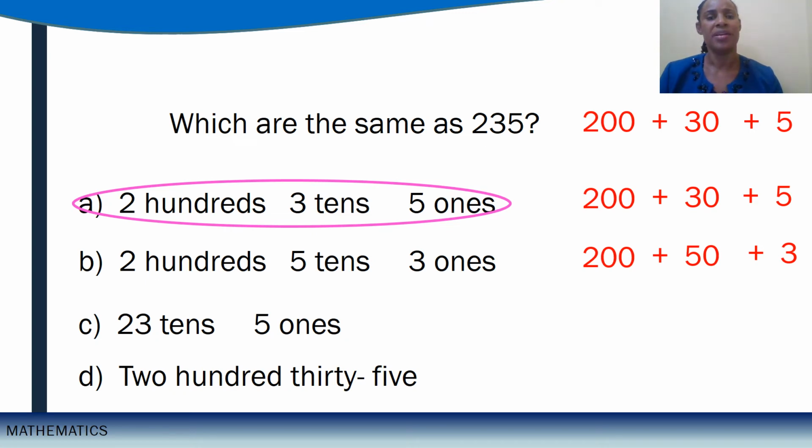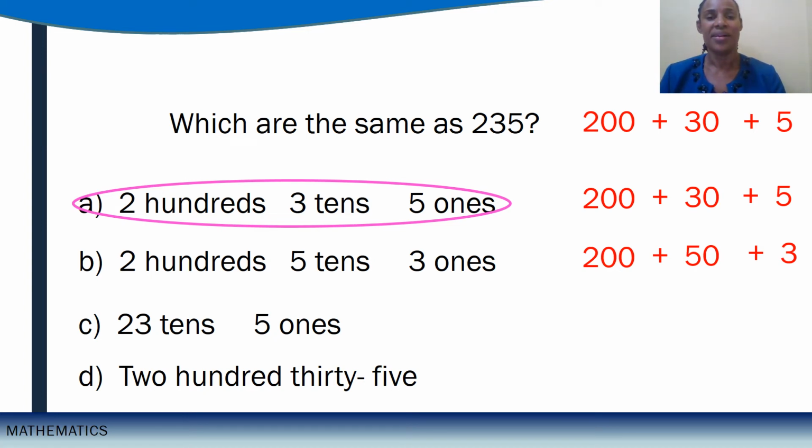Great going, boys and girls. Now, is 200 added to 50 added to 3 the same as 235? I agree with you, boys and girls. 200 added to 50 added to 3 is not the same as 235. And we see that because the tens are different, as well as the ones.